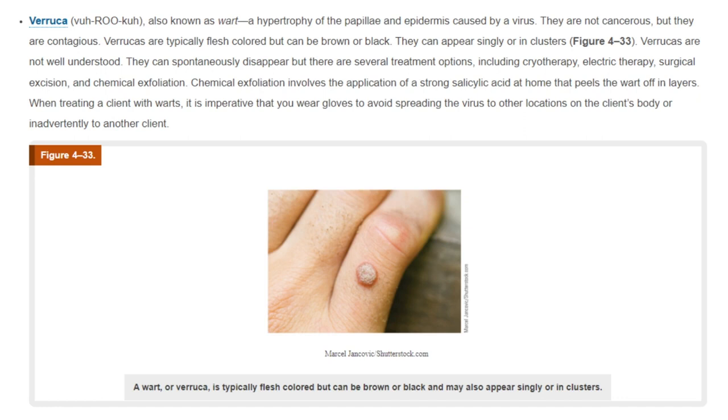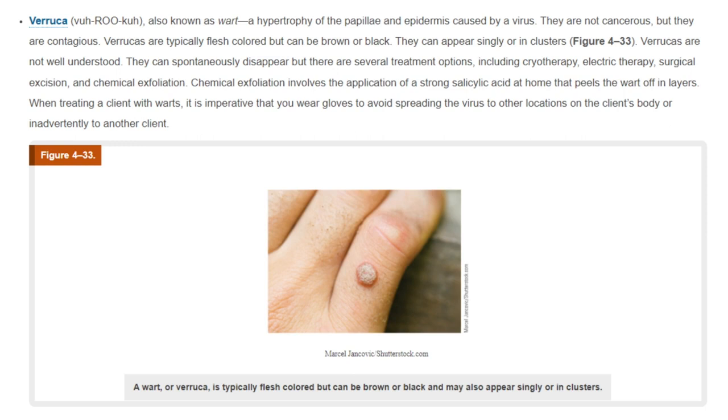Verruca, also known as wart, is a hypertrophy of the papillae and epidermis caused by a virus. They are not cancerous, but they are contagious. Verrucas are typically flesh-colored but can be brown or black. They can appear singly or in clusters, figure 4.33. Verrucas are not well understood.